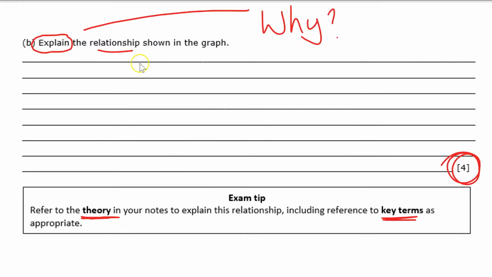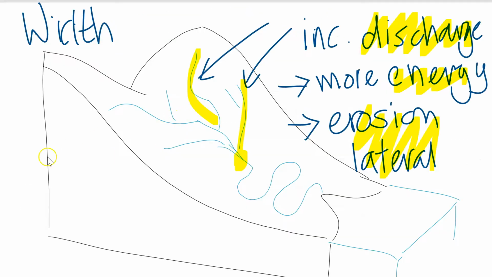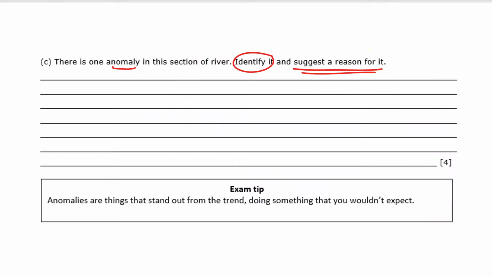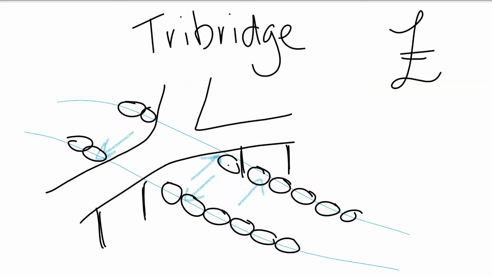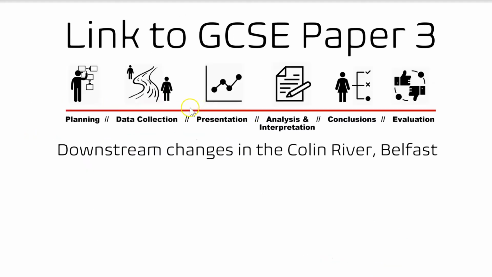So we described that, and then we moved on to explain it in relation to the theory. This was the theory of why rivers get wider as you move downstream. Then there was an anomaly here. There's not always going to be an anomaly, but there was one here, and I've suggested either a physical reason for it or a human reason for it. And that's how you go about doing this little bit here of your analysis and interpretation.